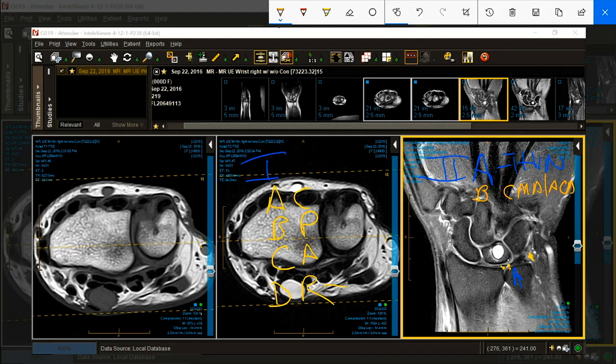Lunate and ulna. C, TFC tear, usually right there. D, LT ligament failure. So D would be LT. And E would be generalized arthritis. So those are the 5 stages of chronic TFC degeneration with abutment syndrome.